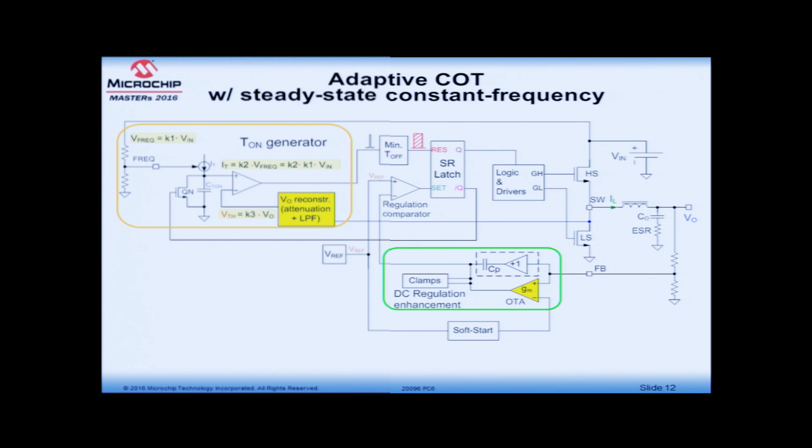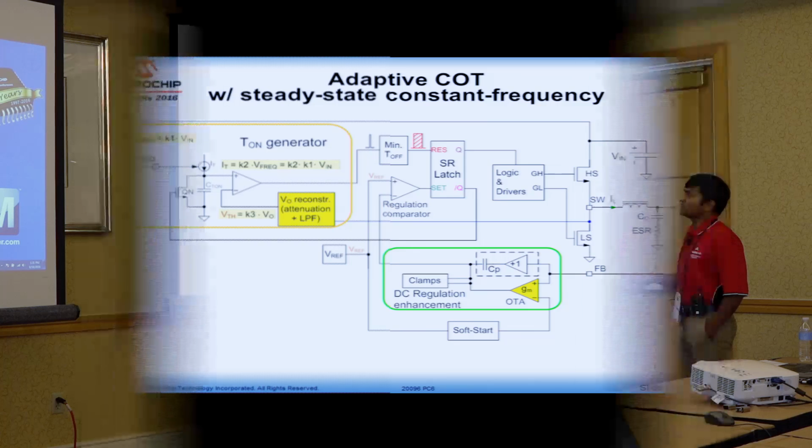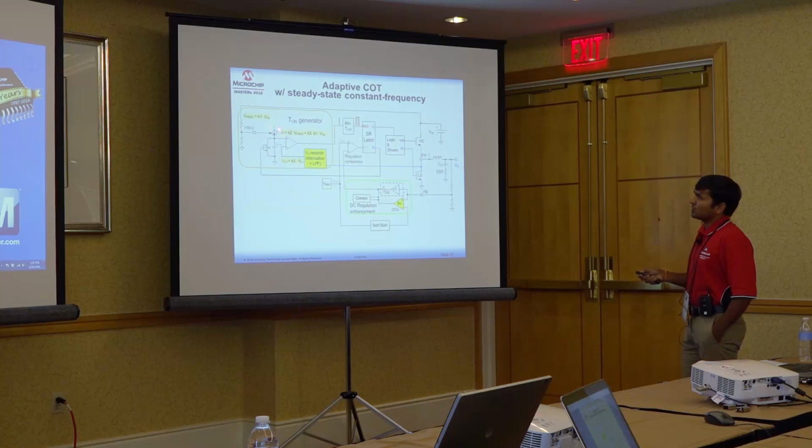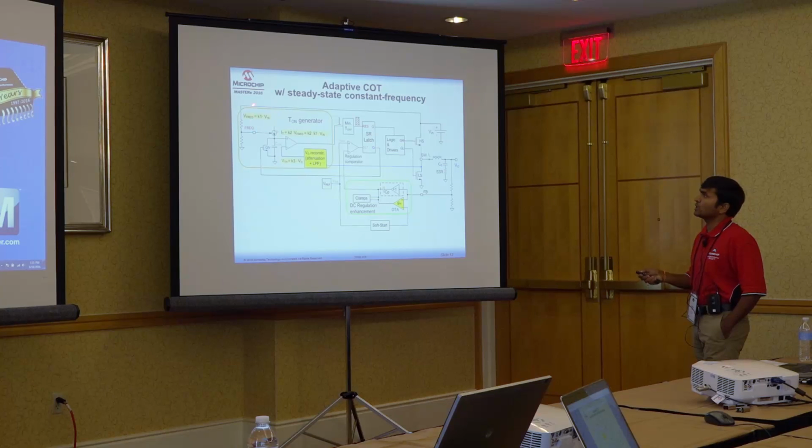Let us focus on the frequency first. In the basic architecture we have seen a constant current source charging the capacitor. In the adaptive COT, instead of making this current constant, we make the current source proportional to the input voltage. The input voltage is derived through a resistive divider, through a frequency pin.